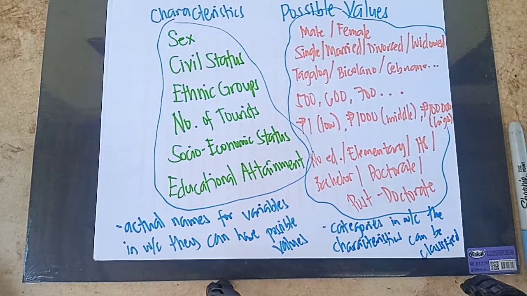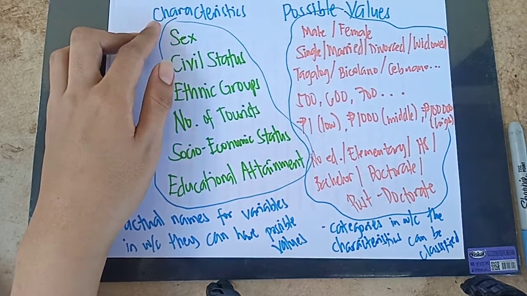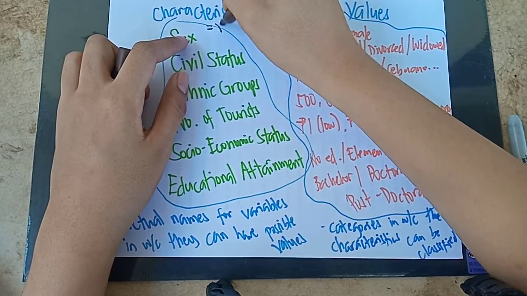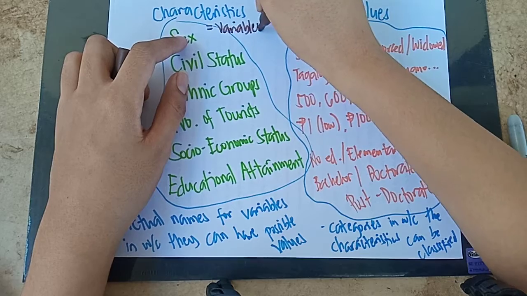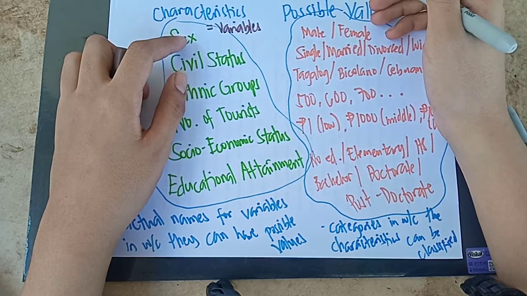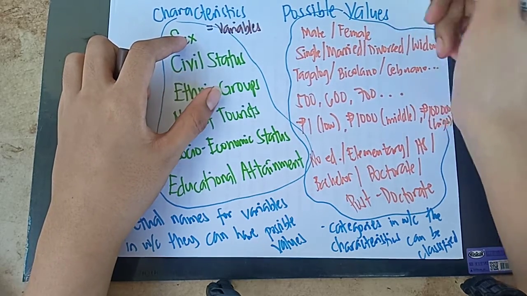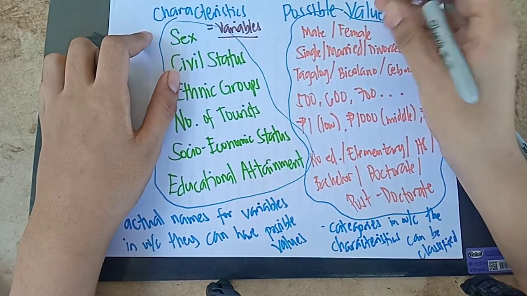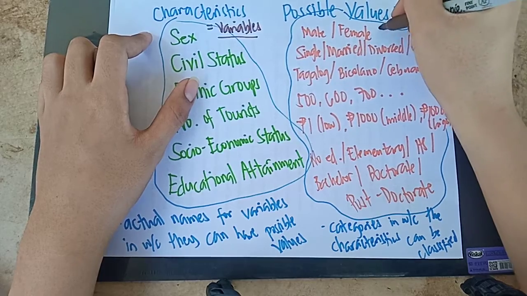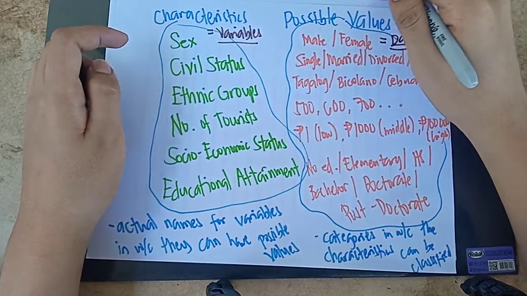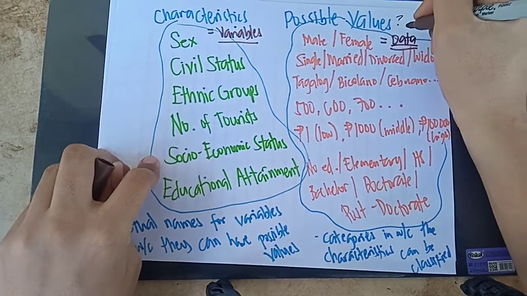Now, with that said, if the characteristics are the actual names for variables, then what will be the scientific term for possible values? Possible values are actually the data. Now, what do we mean by data?